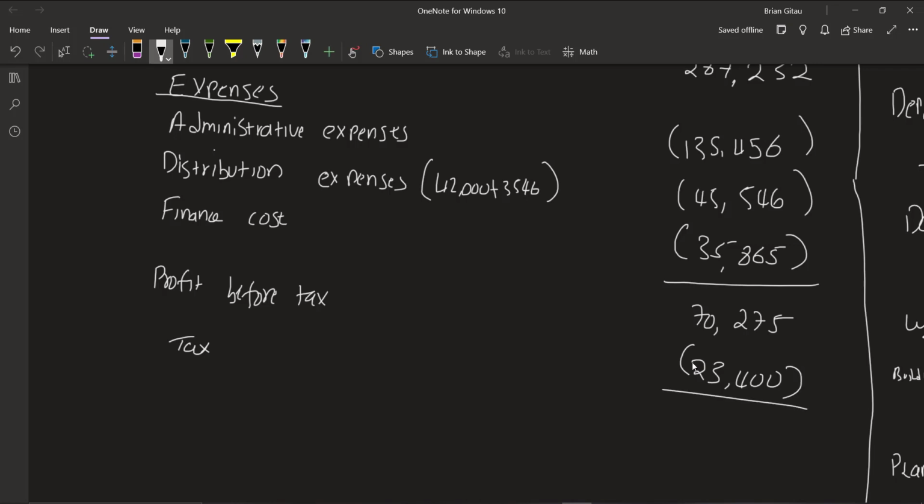So we less 23,400 from the profit before tax. We get the profit after tax as 46,875. This is the profit after tax.